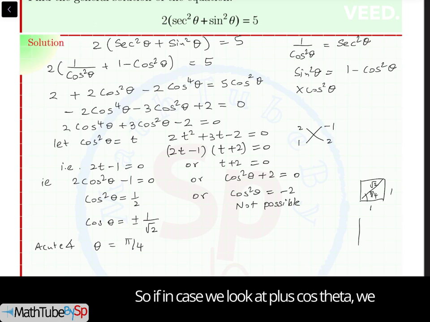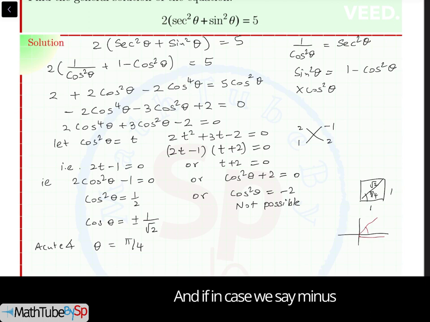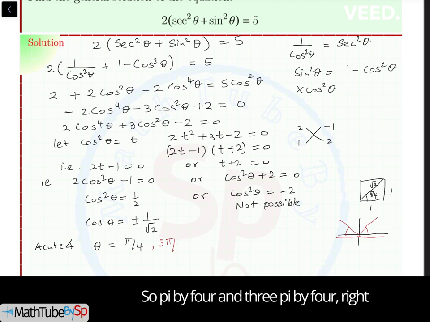So if we look at plus cos theta, we will be getting that angle, and if we say minus cos theta, it will be this angle. So this angle is 3 pi by 4. So pi by 4 and 3 pi by 4, because we have plus or minus cos theta. So it's the first and the second quadrant.